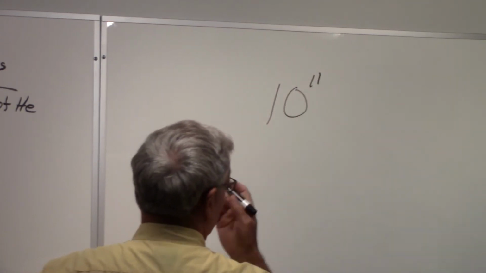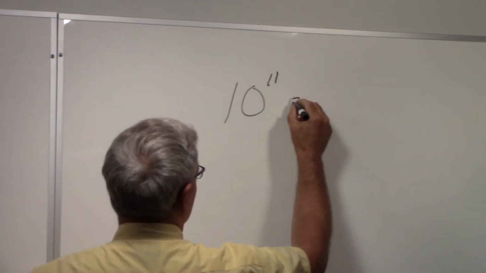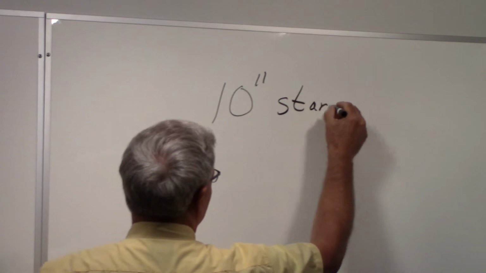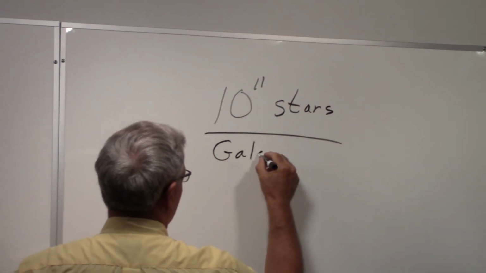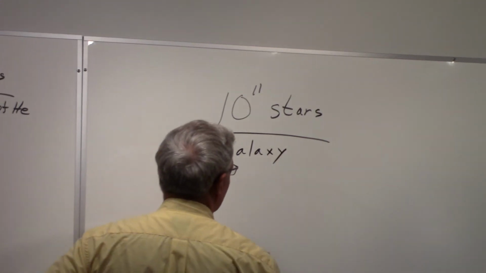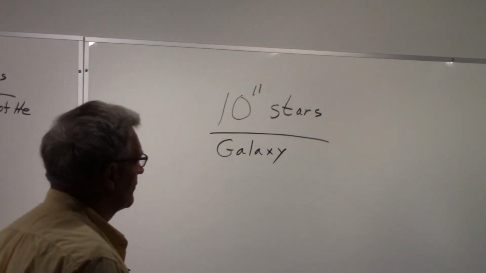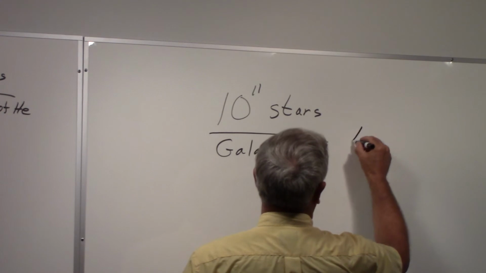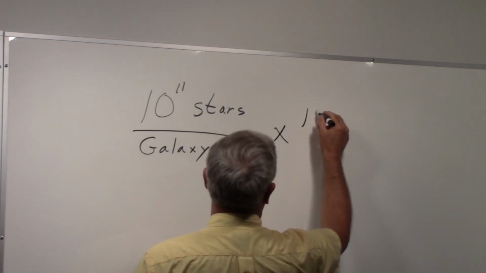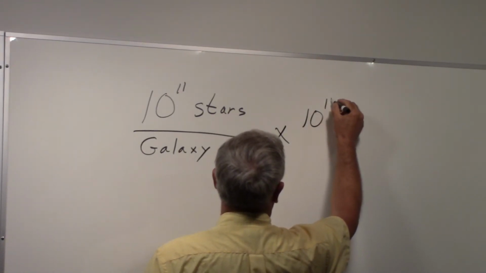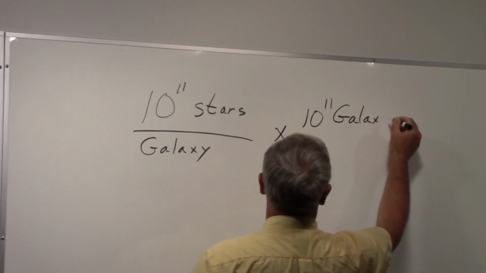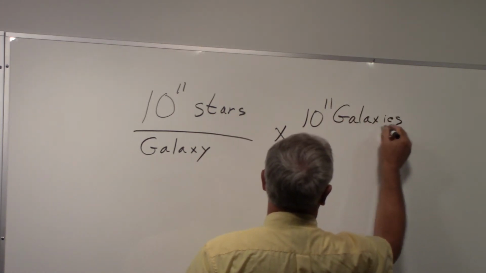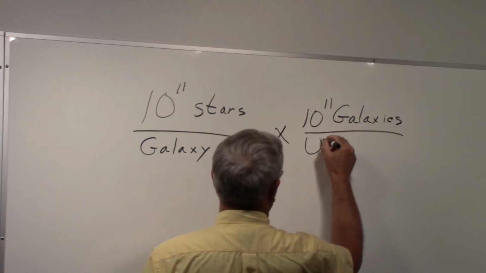So we could say there are 10 to the 11th stars in the galaxy. How many galaxies are there in the universe? Well, it turns out that there are also approximately 10 to the 11th galaxies in the universe.